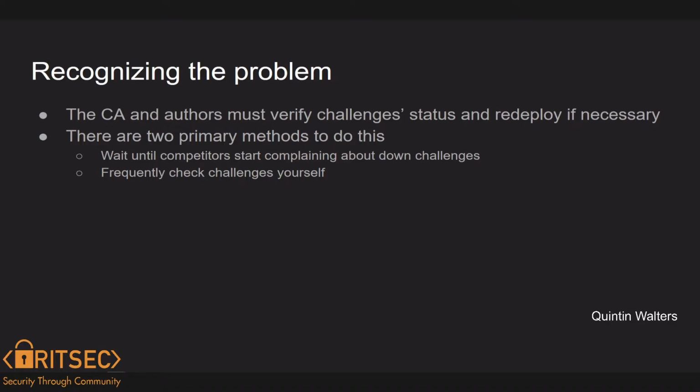The main methods to do this are to wait for competitors to either start complaining about the down challenges, verify them, and then redeploy them, or frequently verify the challenges and redeploy as necessary. Both of these methods require constant monitoring of either the competition chat or the challenges themselves by volunteers who are capable of fixing the broken challenges.